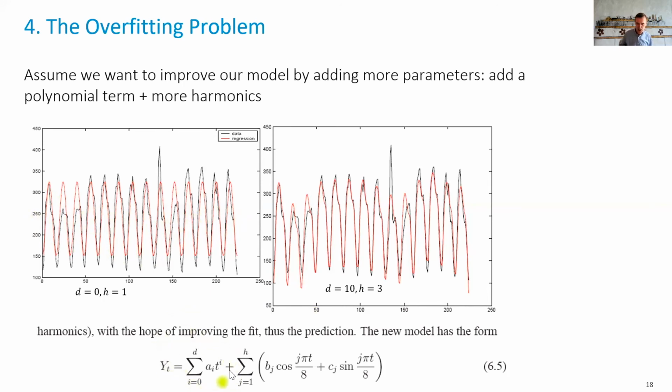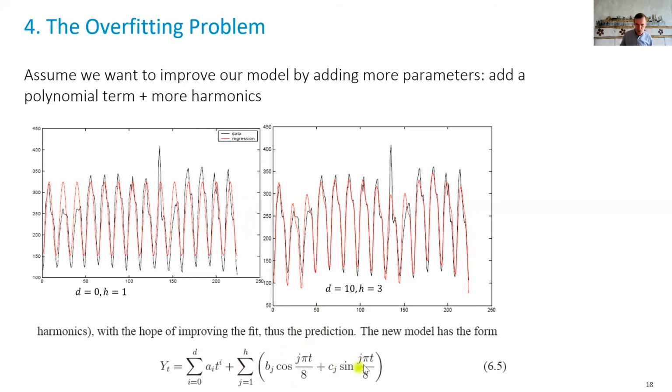So one idea is to add a polynomial term to the model, which is nice because that keeps the flavor of being linear regression. The unknown parameters are the coefficients of the polynomial. Similarly, we see also that this is not really a sine function. The shape is not a beautiful sine function; there is a slight divergence from this. So one way to model this, as you know from Fourier analysis, is to add harmonic terms.